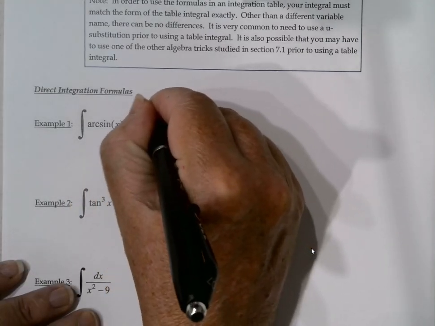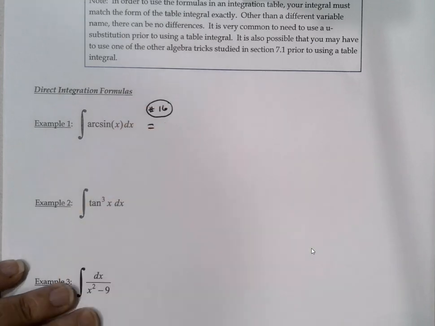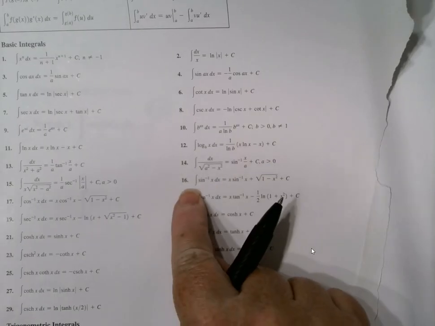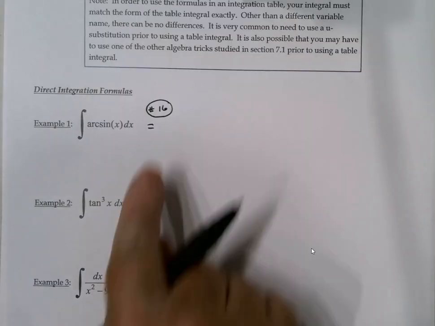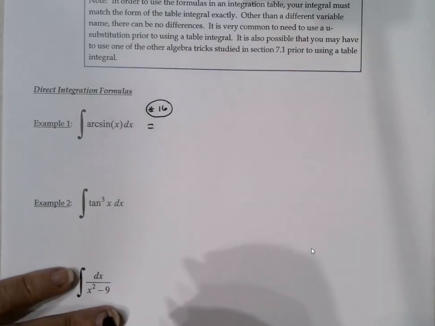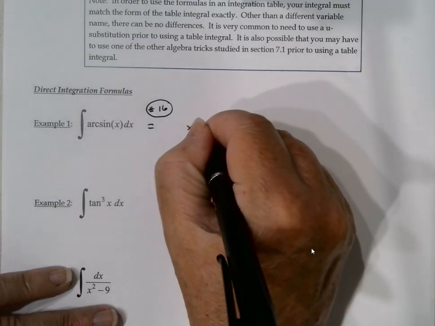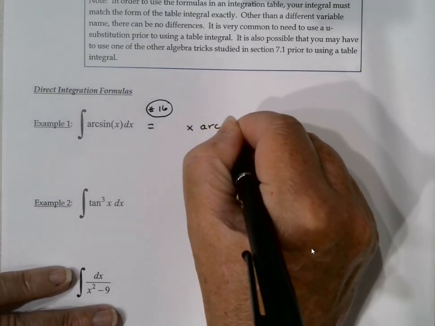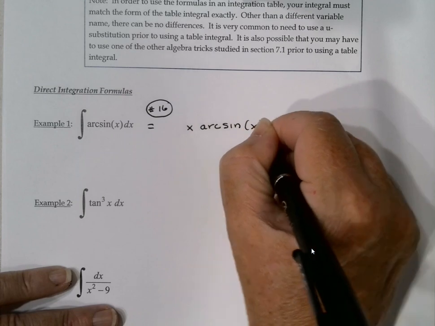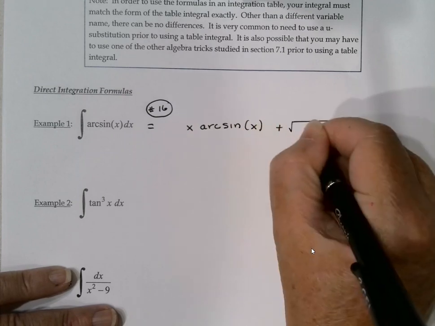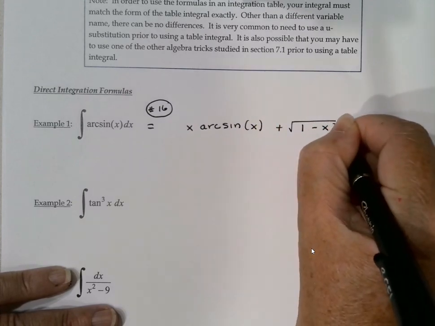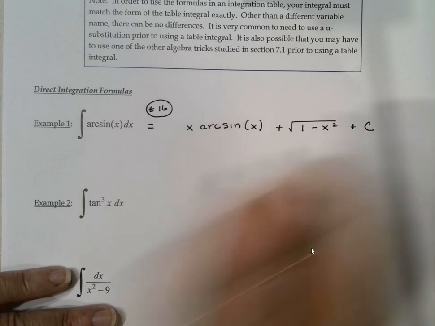When you do these and use a table, tell me which number you used from the table. In this case, I used integral number 16. I'm going to document my work by saying, hey, look, I used number 16. And there we go.